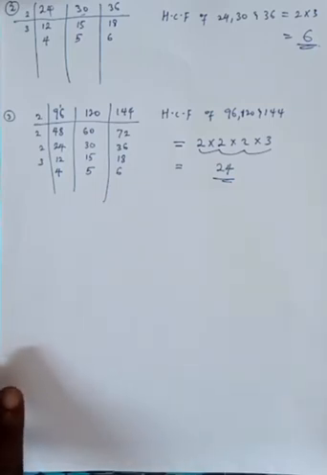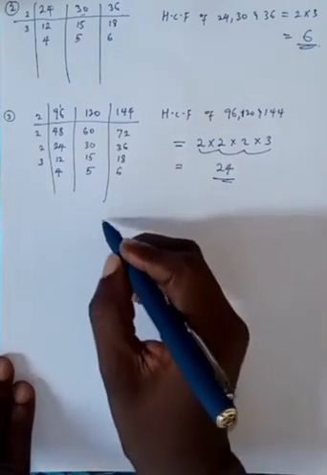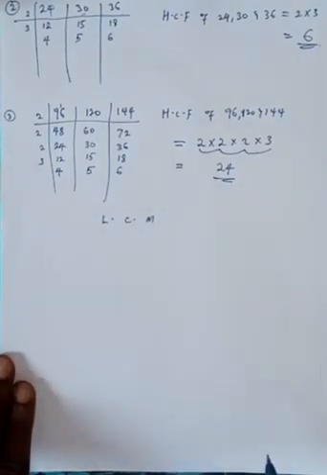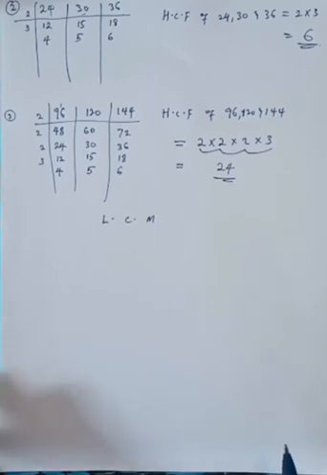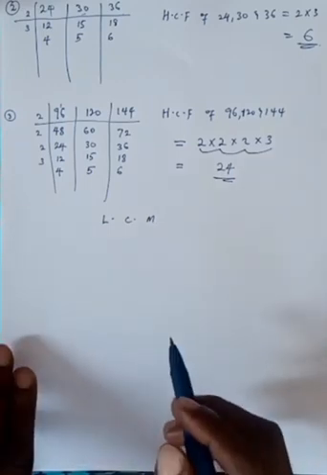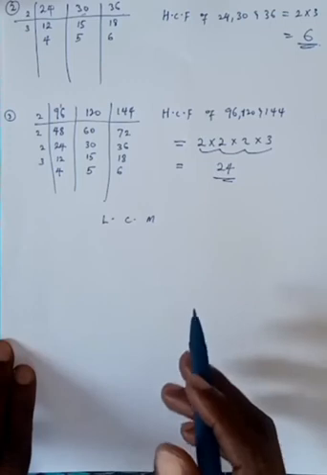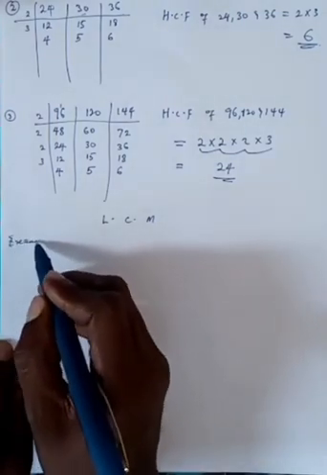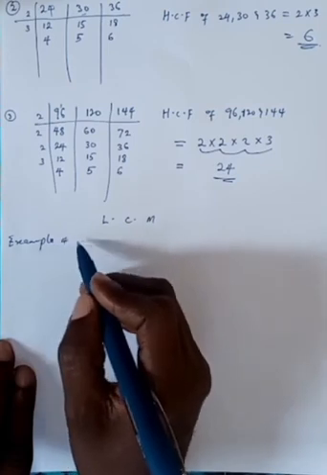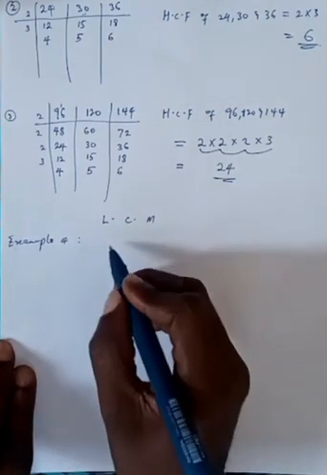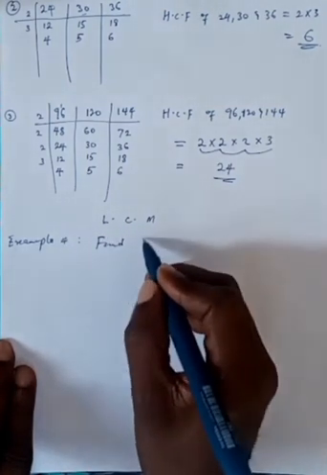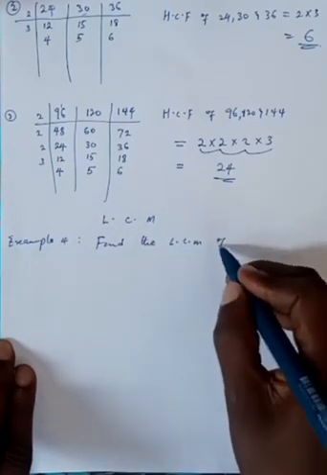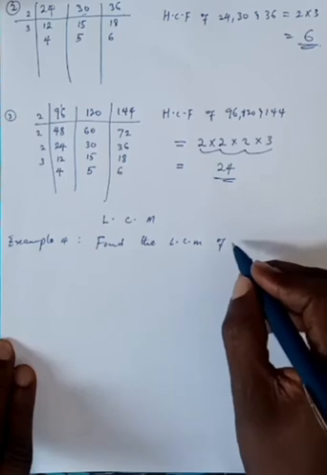And finally today, in today's class, is the concept of the lowest common multiple. So I'm also going to treat that one by way of example. So the last example, example 4. We are asked to find the LCM of the following.